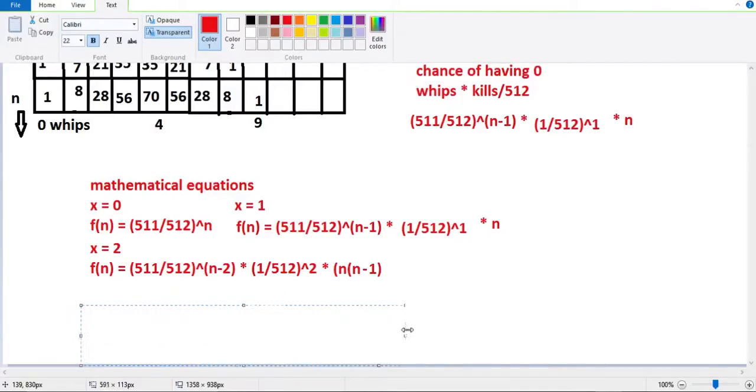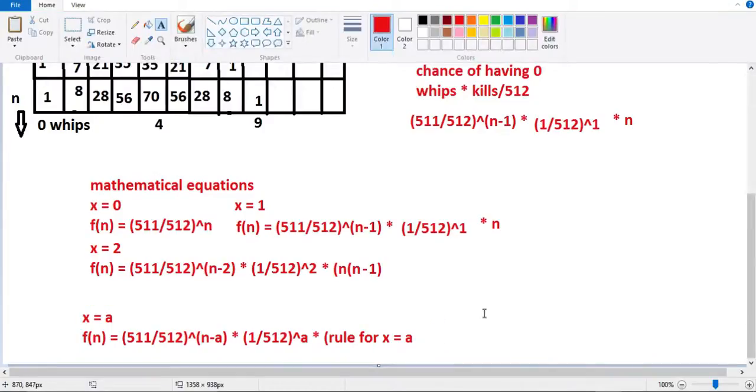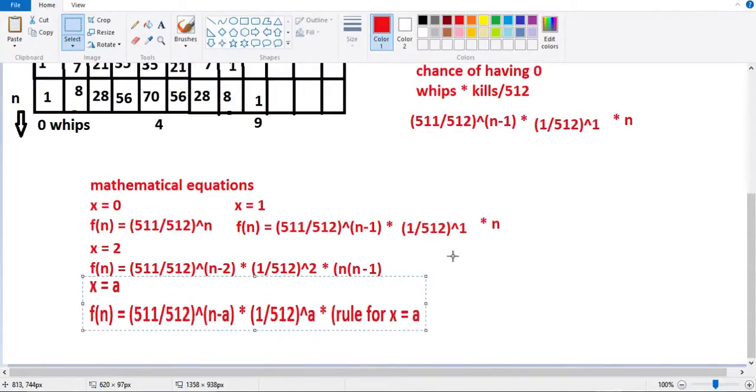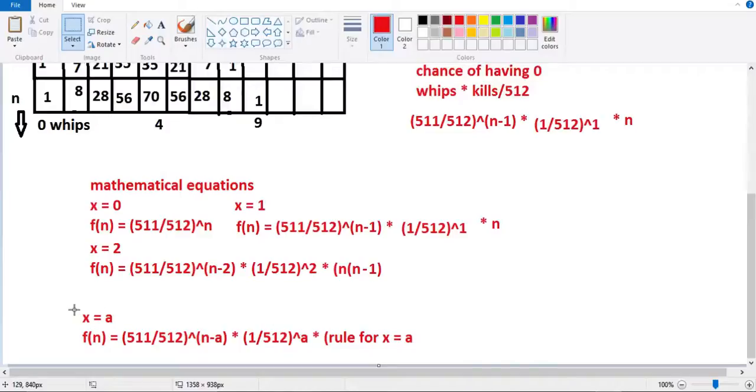Now the rule for x equals a is what's hard to find in here. This is the entire problem. And now I'm getting sidetracked, but whatever. This is what's hard to find: the rule for x equals a.